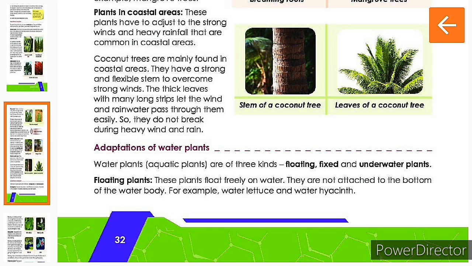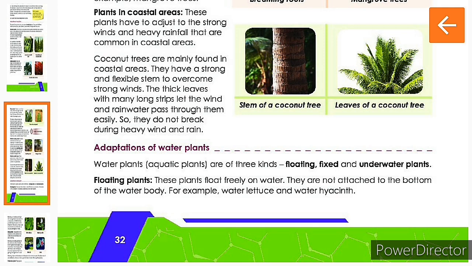Adaptations of water plants. Water plants or aquatic plants are of three kinds: floating, fixed and underwater plants. So what are floating plants and what adaptation do they have? These plants float freely on water.